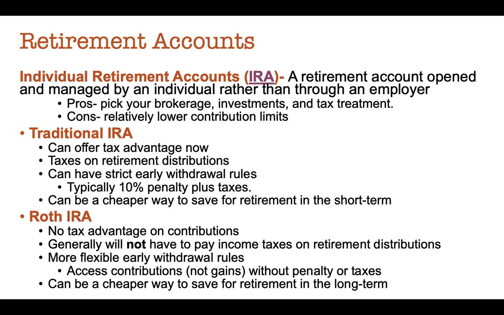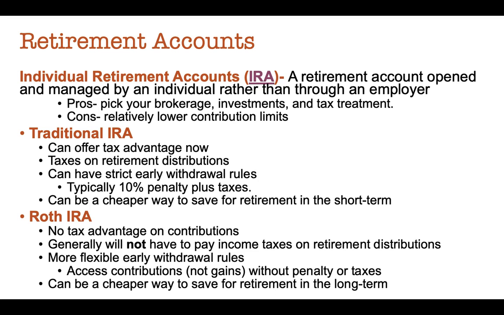Now, traditional IRAs versus Roth IRAs typically have to do with their tax treatment. I think of the traditional IRA as an option that is similar to that workplace 401k in terms of tax benefits. So it can offer the tax advantage now for the contributions, so it reduces your taxable income that year, so you get the tax break today, and then you pay income taxes once you're withdrawing from the account in retirement.